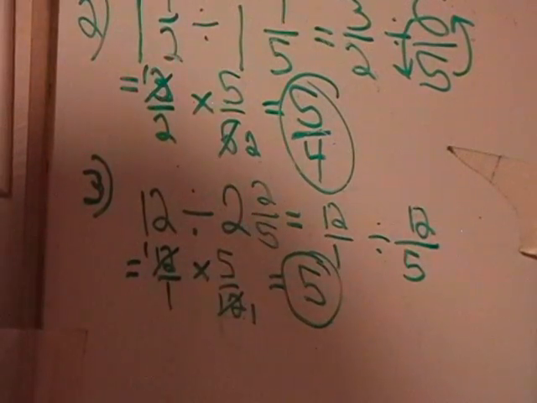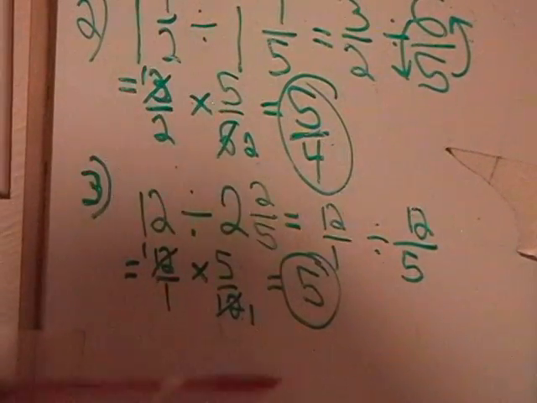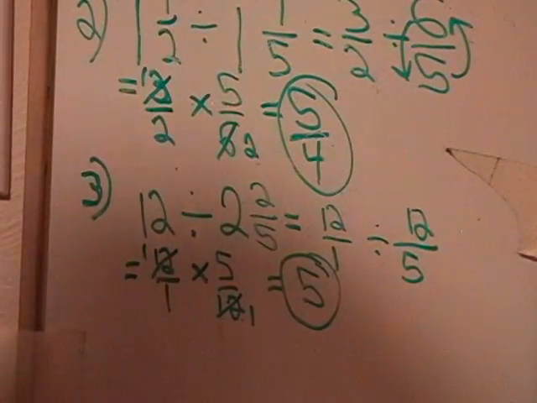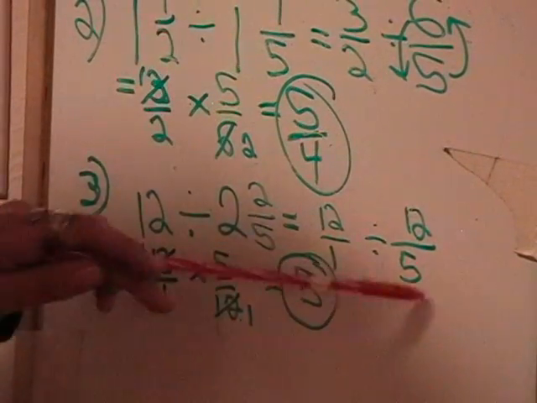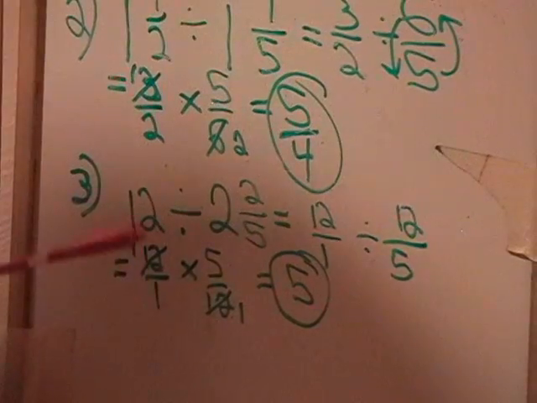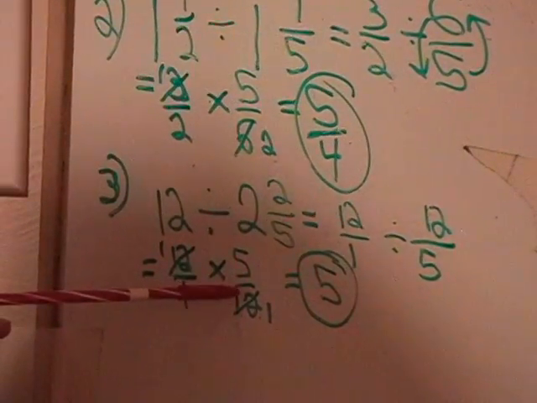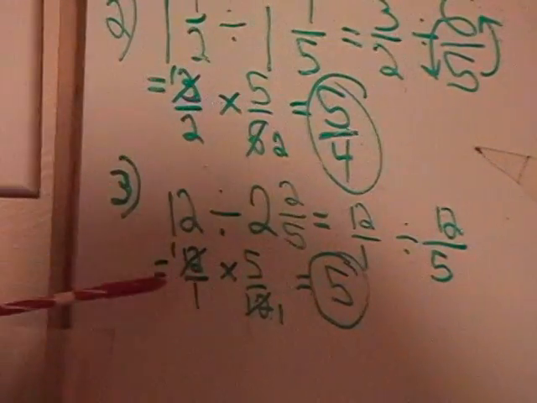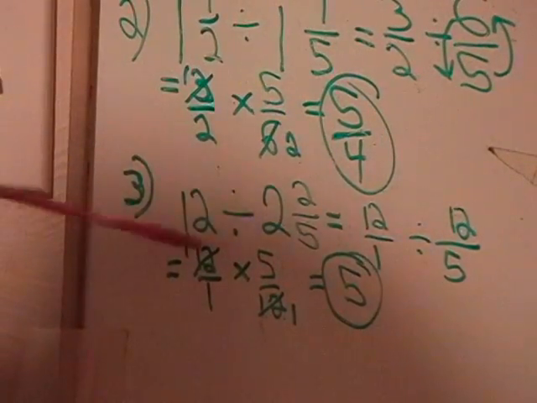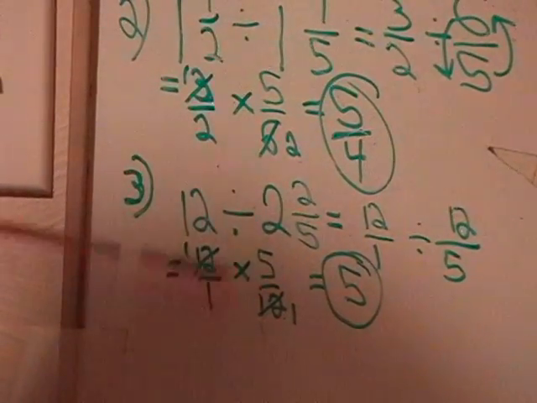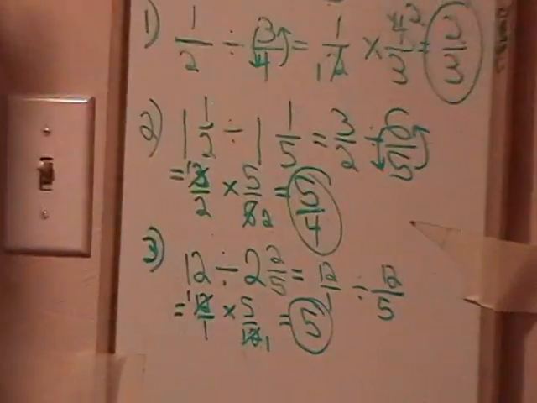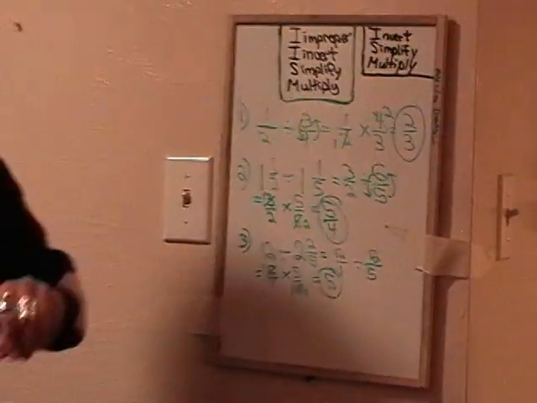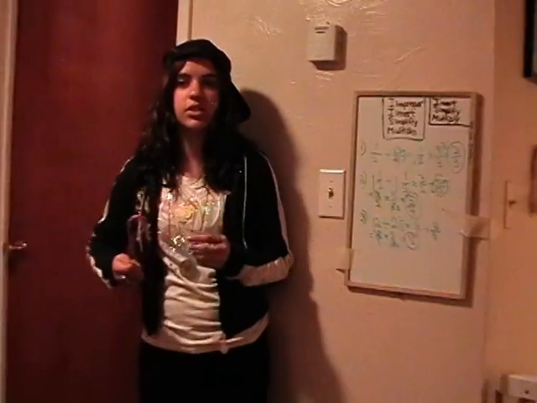Then you invert the second fraction, simplify again, and multiply across just like you did in the first two. So that's how you do it, technically.